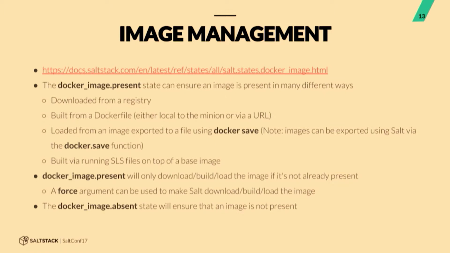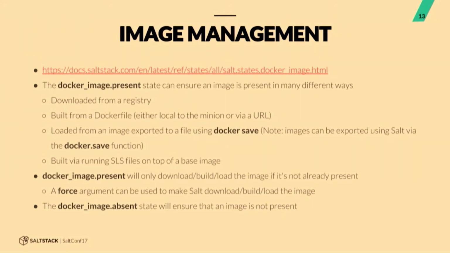It can download from a registry. You can build it from a URL just like you would do it with the docker build on the CLI, and you can do the equivalent of docker load with an exported container, and then also by running SLS files, running states on top of a base image.